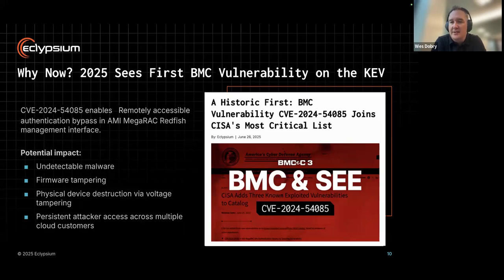Now, most organizations, as a best practice, isolate BMCs or any sort of out-of-band management of servers into typically its own VLAN or its own secured network. But not everyone does that. There are literally BMCs that you can find on Shodan that are accessible over the internet, for example.